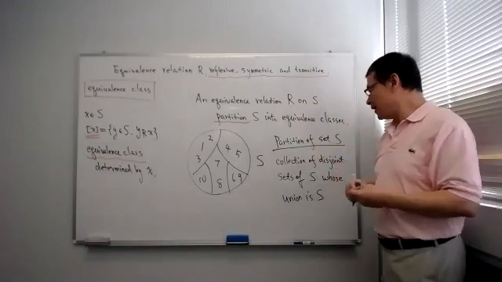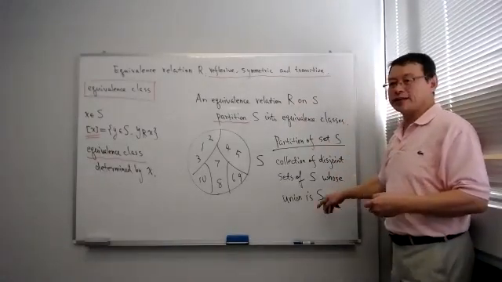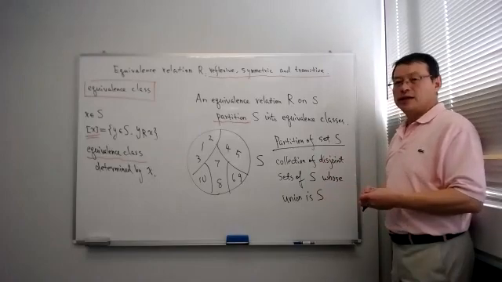And all subsets together form the union, which is exactly equal to the set. That's called a partition.